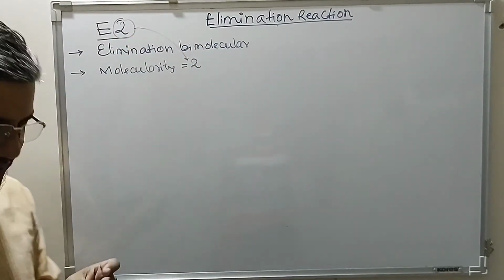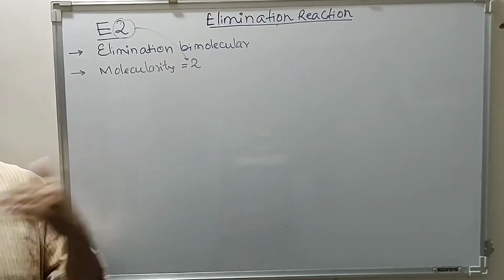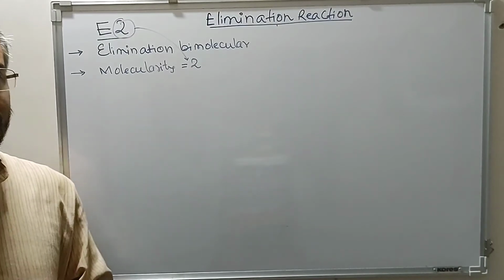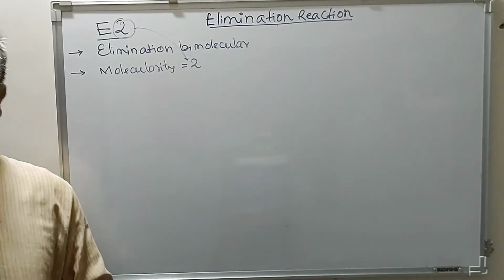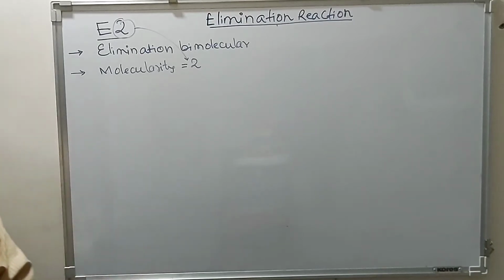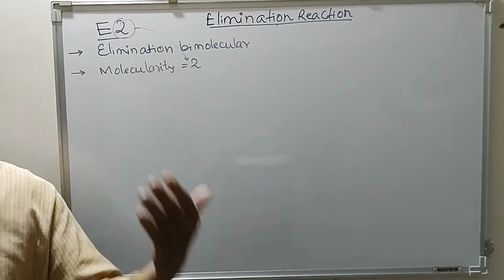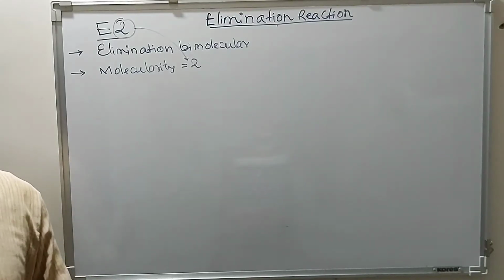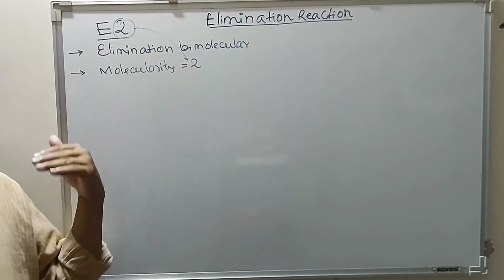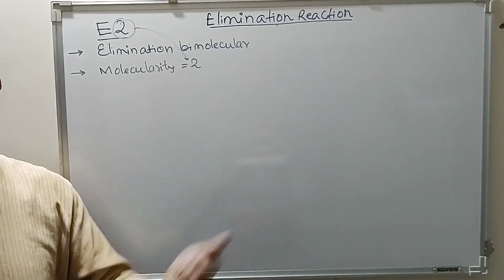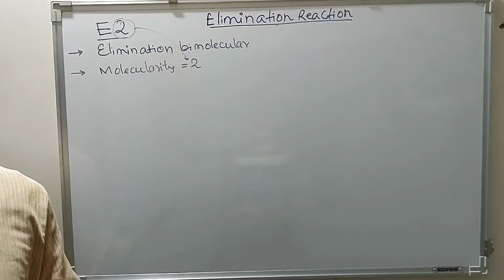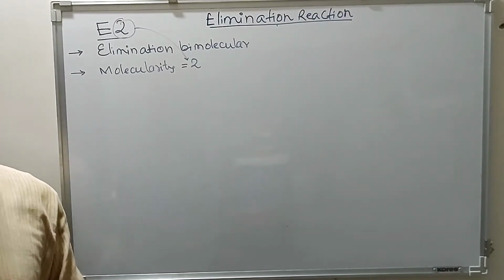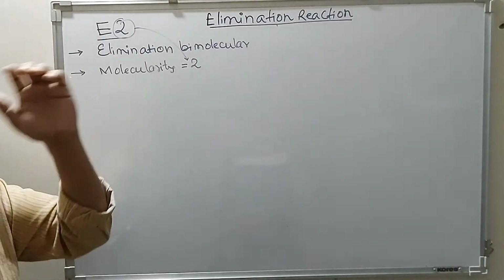So let me just remind you of this. What is molecularity? We have gone through chemical kinetics. During this chemical kinetics, we have discussed elementary reactions, meaning the ones which are supposed to take place in a single step. Now, the number of molecules of the reactant which are involved in product formation in the rate determining step of an elementary step reaction, how many molecules participate in any elementary step reaction, that is known as molecularity.